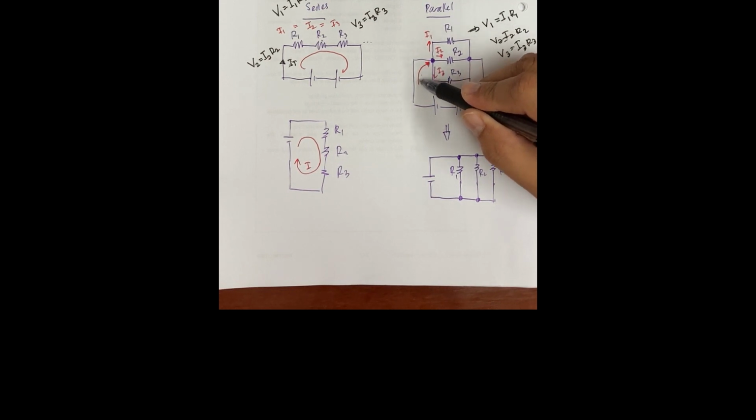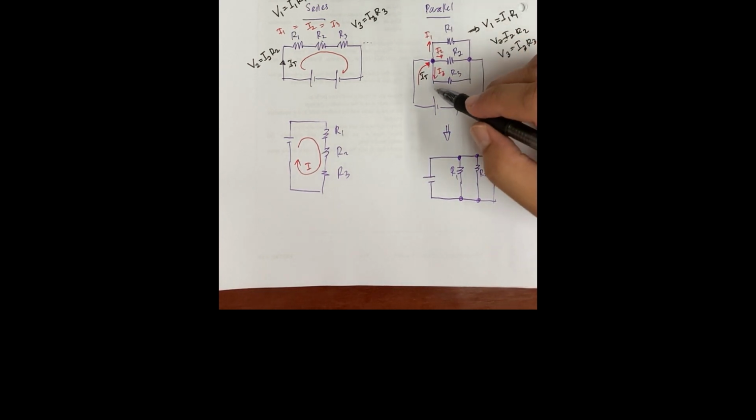V2 is I2 R2, and V3 is equal to I3 times R3. So in order for you to find I1, I2, and I3, you must have the initial value coming in first, which is I total.